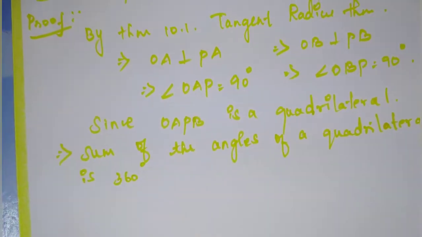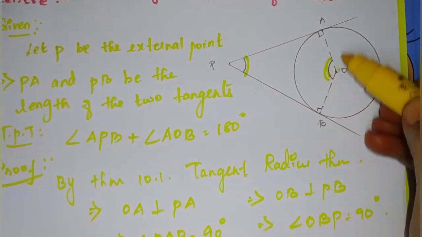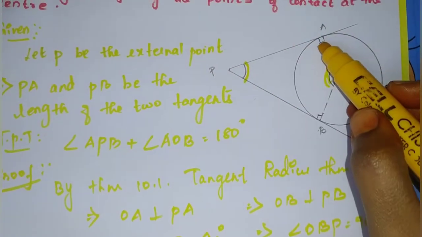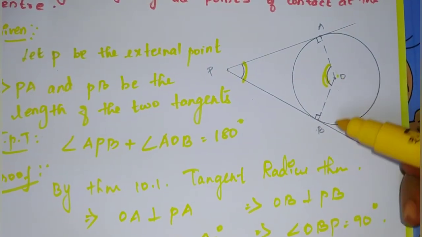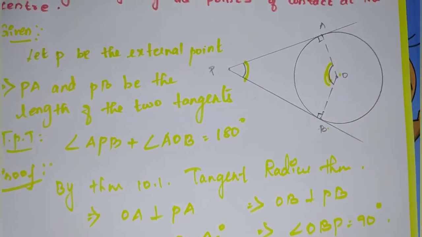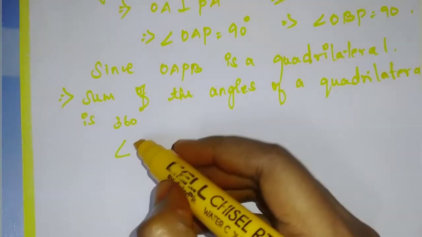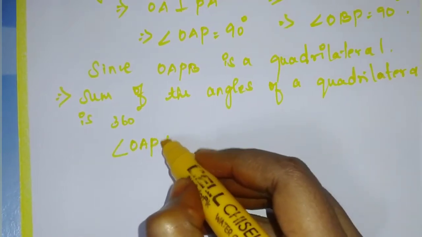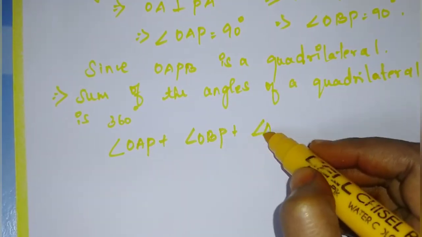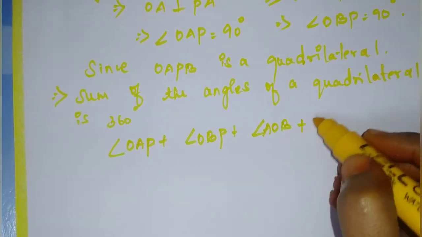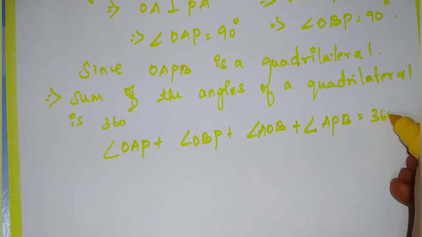That is, this angle OAP, APB, PBO and BOA. Mention all the angles. That's it. Okay. OAP, OBP, AOB plus APB is equal to 360 degree.